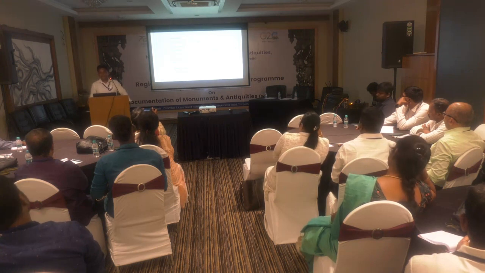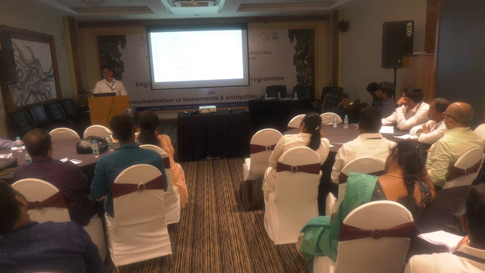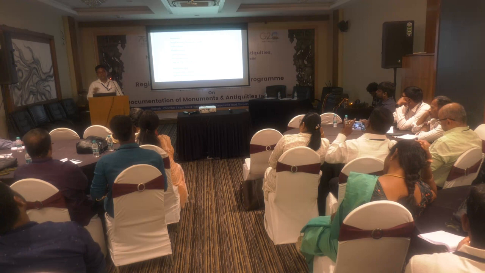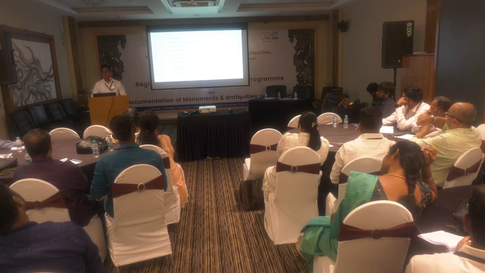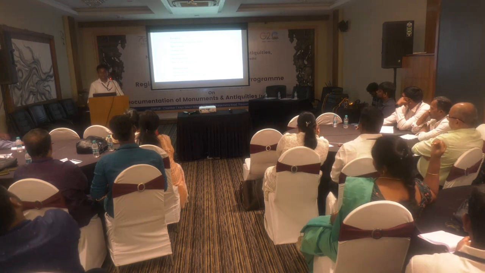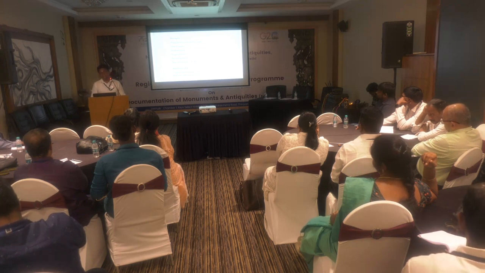In the description column we can write the physical features of that object, the nature of that antiquity and a detailed description. If any inscription is there, we can write which inscription it is, Brahmi, Persian or Kharoshti, and we can mention that inscription in the description.